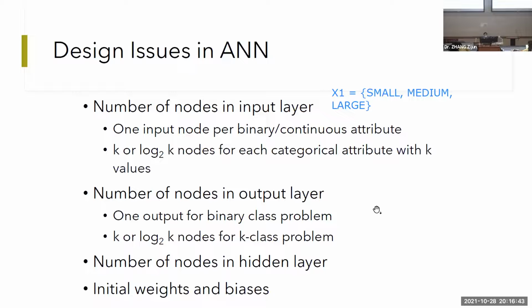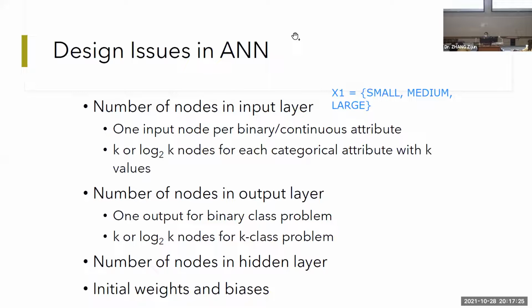And what is the problem? Such a categorical attribute, we cannot directly convert it to 1, 2, 3. Okay, it does not make much sense. You probably need to have k nodes for each categorical attribute with k values. So one intuitive way is you make the input nodes representing this attribute as 3, and each of the nodes indicates 0 or 1, indicating whether it is small, medium, or large.